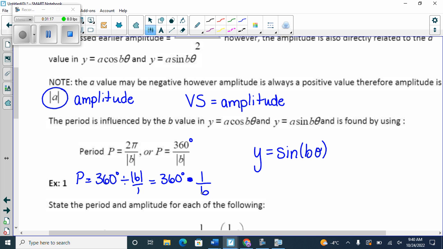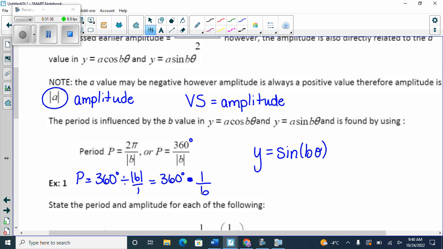What is 1 over b? The horizontal stretch. What did you say would affect the period? Multiplying by the horizontal stretch, didn't you? You said if the horizontal stretch is 2, my period would go from 2 pi to 4 pi. If the horizontal stretch was a half, my period would go from 2 pi to 1 pi, right? Because you're just multiplying by the horizontal stretch.